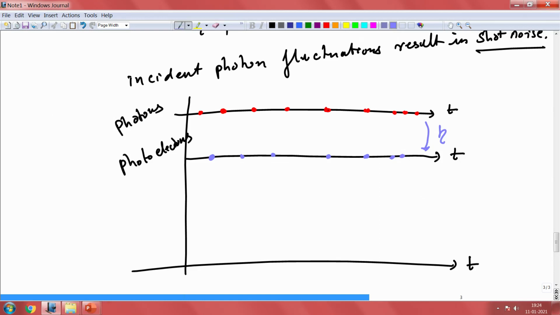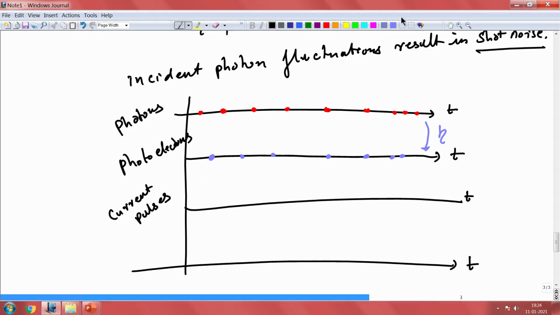Once you have these electrons or charges generated, they are going to reach the electrodes now. This will result in current pulses. So, we are going to have current pulses because of these charges, generated by each of these.